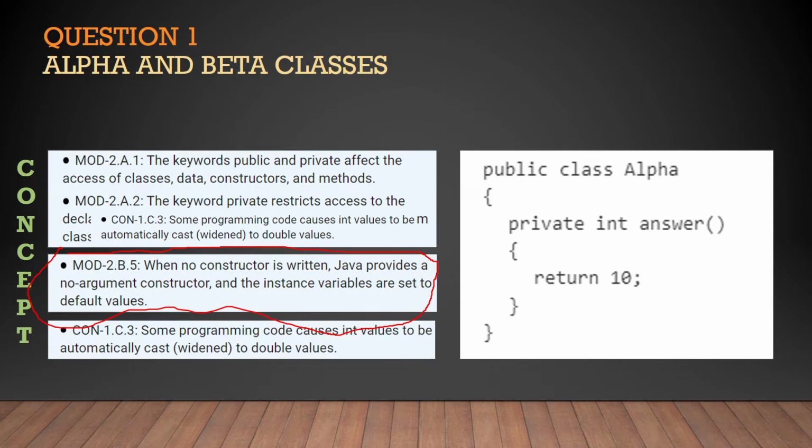A no-argument constructor. So you don't have to worry if there isn't one there. So this is how this question will go.